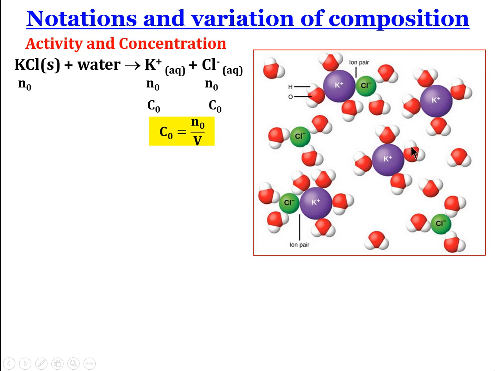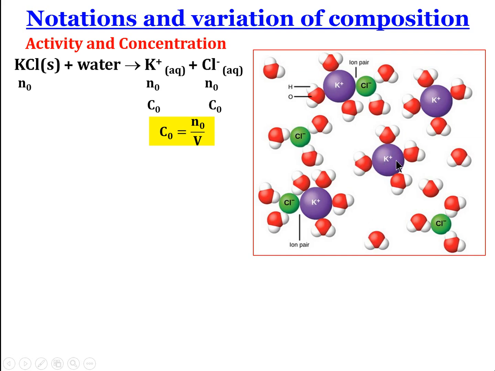Go to the microscopic scale. What happens when KCl is dissolved in water? When KCl is dissolved in water, we obtain Cl- ions surrounded by water molecules and K+ also surrounded by water molecules.